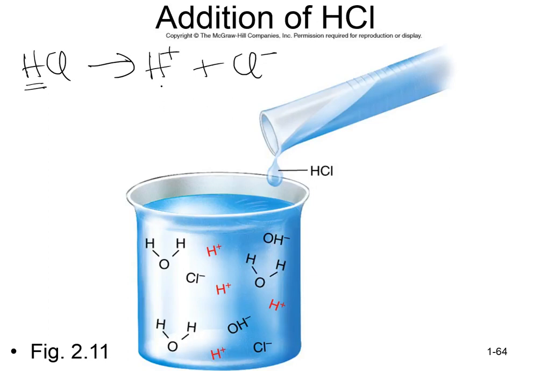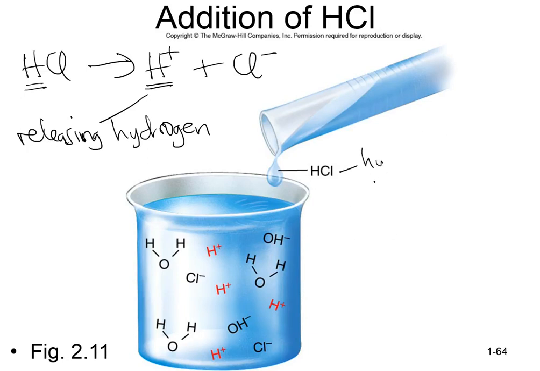As you can see, this one is releasing hydrogen ions, so it is an acid. This is hydrochloric acid, which is also found in the stomach. When I dissolve hydrochloric acid, I have these H ions released in water. That is an acid.